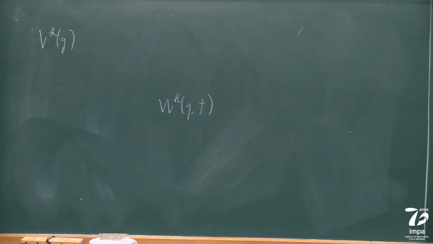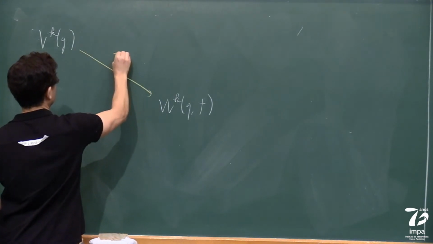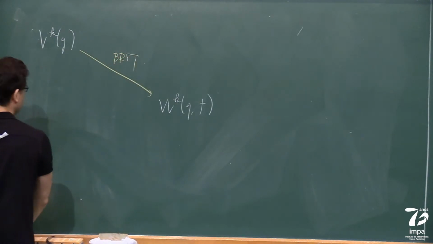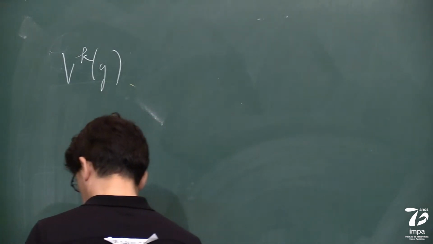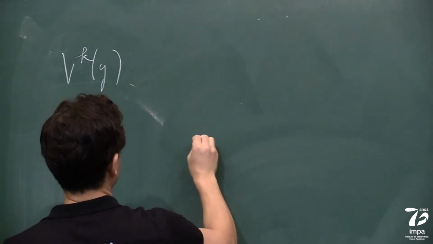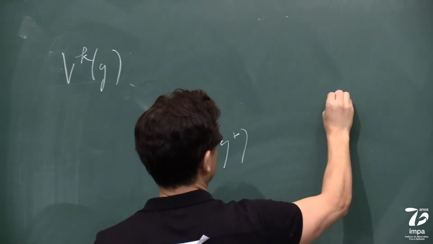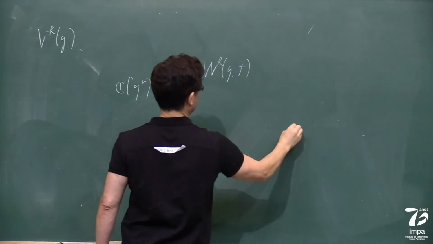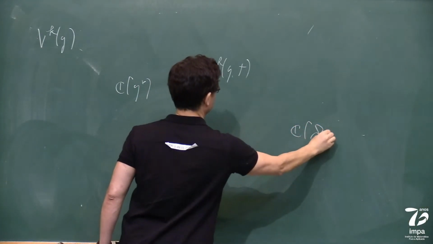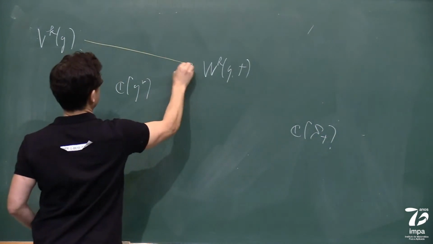So this is BRST. But you have functions on g* and W^k(g,f) and the Slodowy slice, and the yellow line is the BRST reduction.